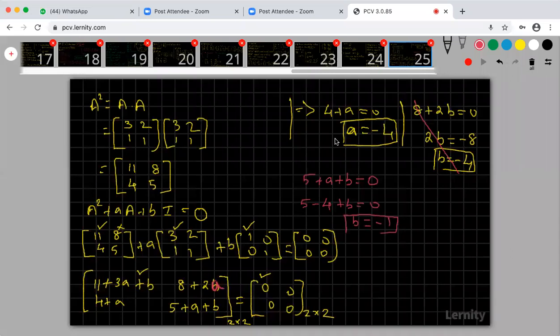So a is equal to minus 4, b is equal to minus 1. Substitute a is minus 4 into 5 plus a plus b equal to 0.